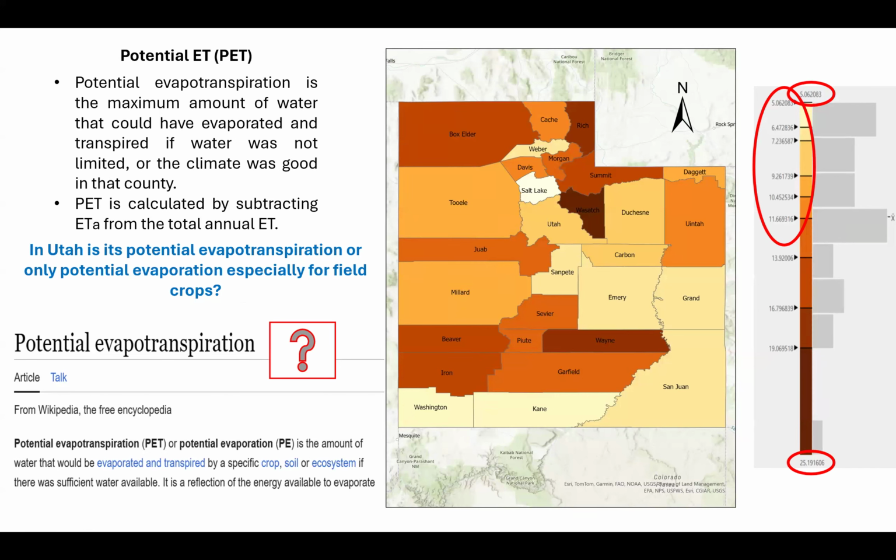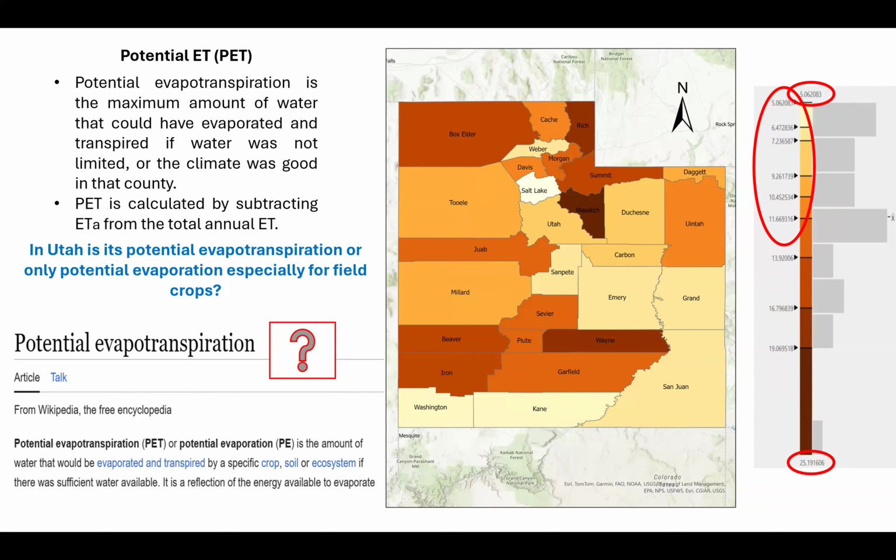Where the rest of the evapotranspiration is going, that is what we call the potential evapotranspiration. Potential evapotranspiration is the maximum amount of water that could have evaporated and transpired if water was not limited in that particular county or climatic condition.